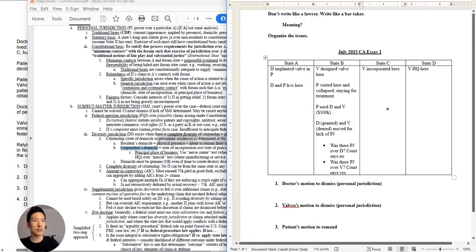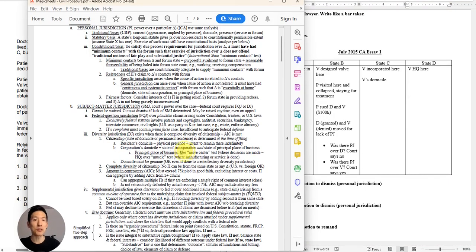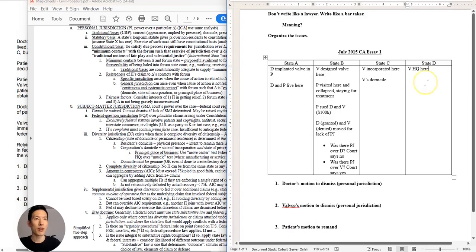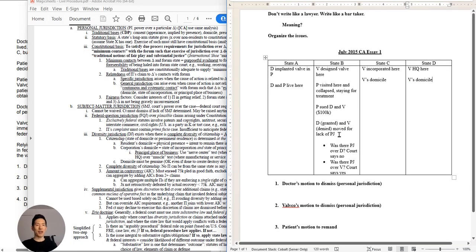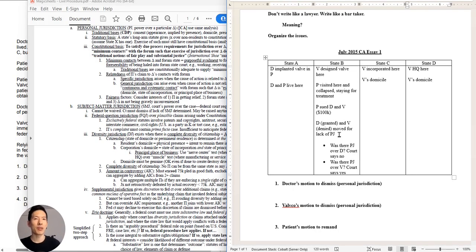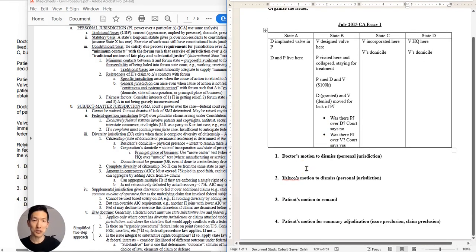In this case, Valveco was incorporated in state C, so it is V's domicile. V is also headquartered there, so if we use the nerve center test, decisions are made at headquarters. In that case, V's domicile is also state D. So let's put that down here. Okay, so now we have a pretty clear breakdown of what happened, who's doing what, and let's tackle personal jurisdiction.